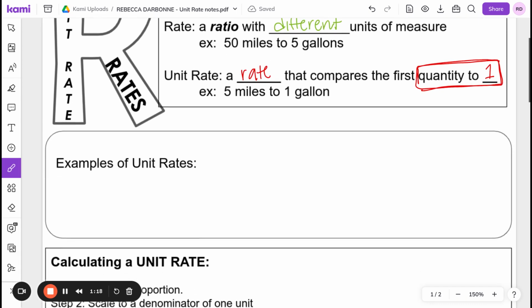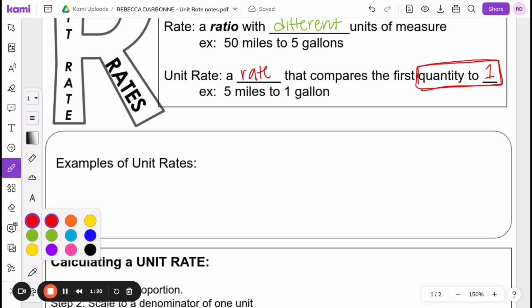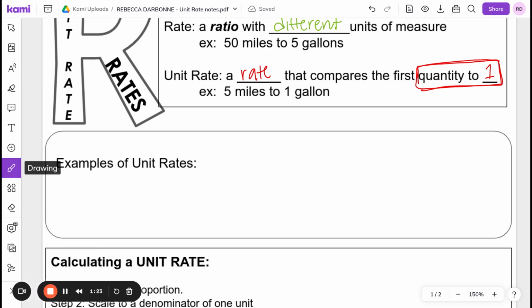Some examples of unit rates. There's like infinite.